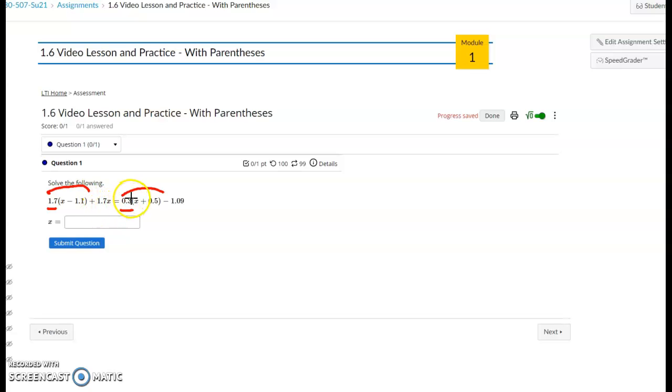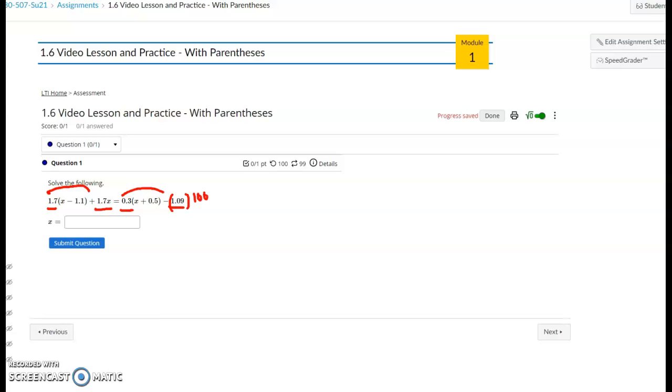So keep that in mind. We're going to need to multiply each term, but that's considered a term, the 1.7 there, and then this negative 1.09. So we can look and see, oh, this has two decimal places, and so that means I'd have to multiply by 100. So we'll multiply by 100 here.